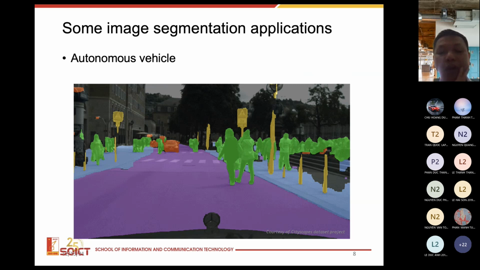For example, when a Tesla vehicle is moving on the road, it has cameras that capture the environment in real time, and of course the car has to process the image and segment it into different classes: the people, the road, the sidewalk, the trees, and all the cars, right?